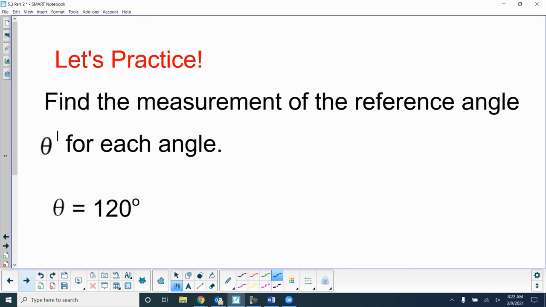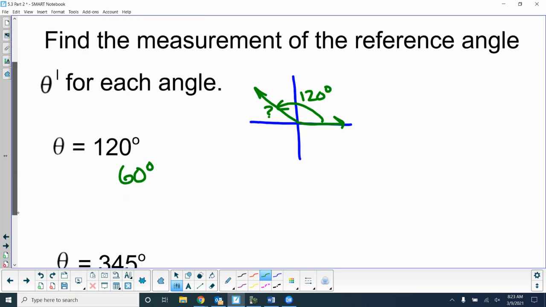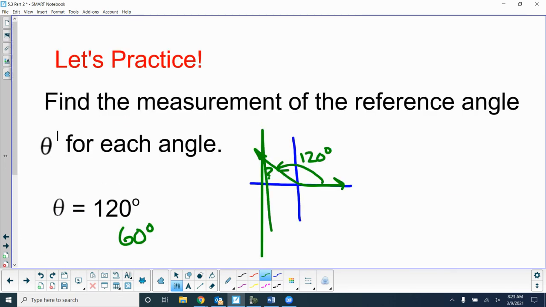So, find the measure of the reference angle. 120, if I drew it, would be from here to there. I'm looking for that. How many degrees would the reference angle be? 60. Because to there's 180, so it's between 90 and 180. Okay? 345.